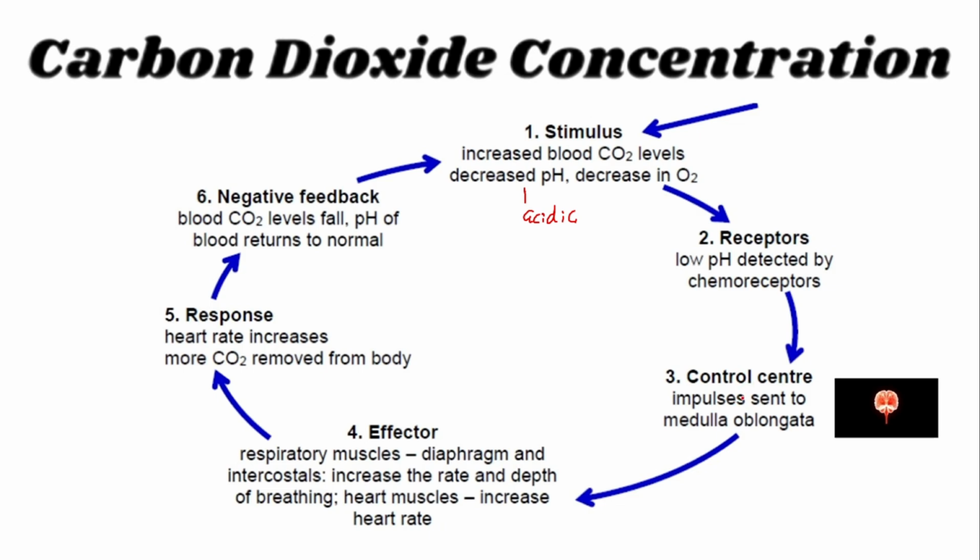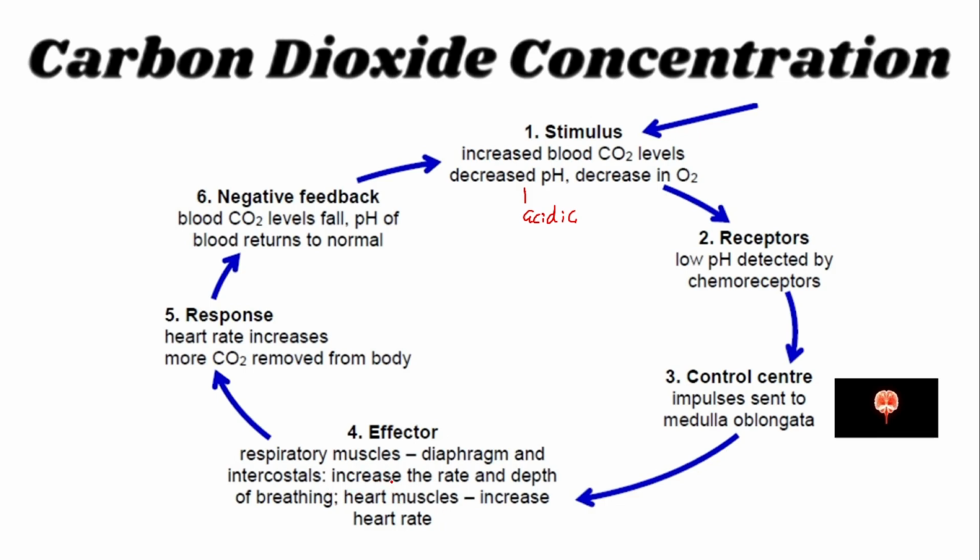It's going to send an impulse to the medulla oblongata, which basically influences a lot of involuntary responses like the beating of your heart and also the contraction of your smooth muscles, etc. Okay, and basically that impulse is going to get carried all the way to the effector, where our effector consists of various target organs like the diaphragm, the intercostal muscles, okay?